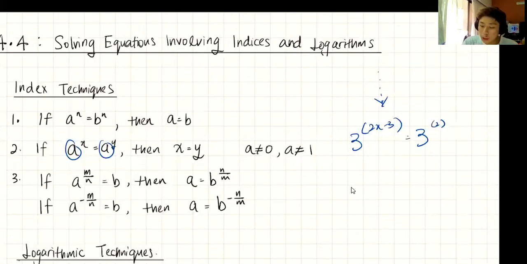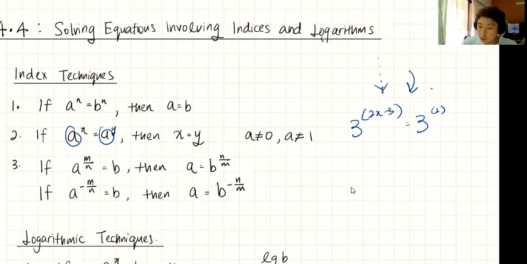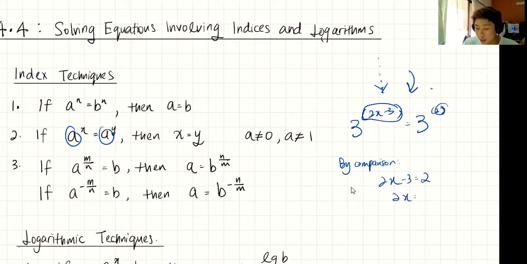You try to manipulate until you get something like this. So by comparison, you have this one is equal to this one: 2x minus 3 is equal to 2. So 2x is equal to, bring negative 3 over for plus, you get 2 plus 3, which is 5.